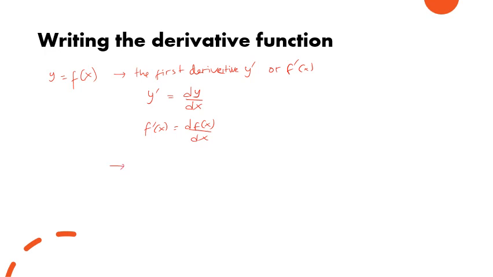And then the second derivative, y double accent, you must write as d squared y over dx squared, or if you meet f double accent x, then you must write it as d squared f(x) over dx squared.